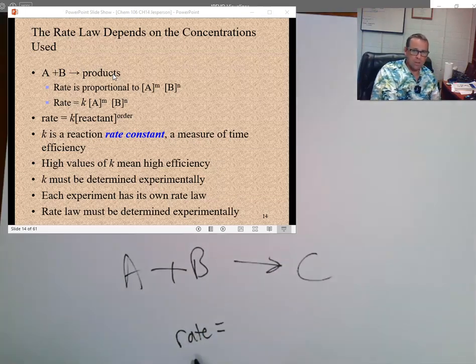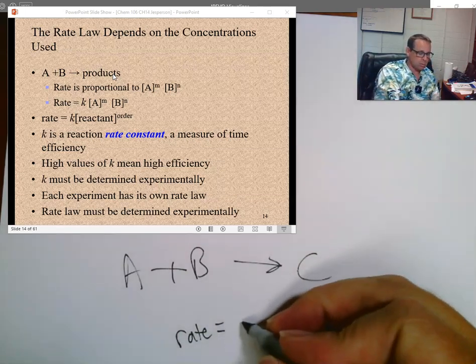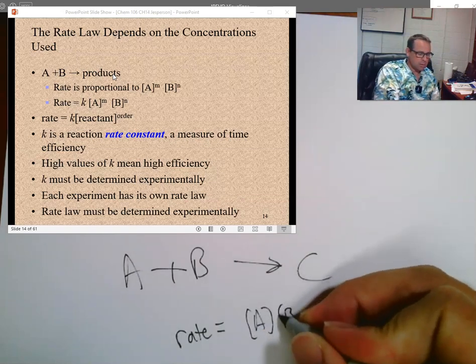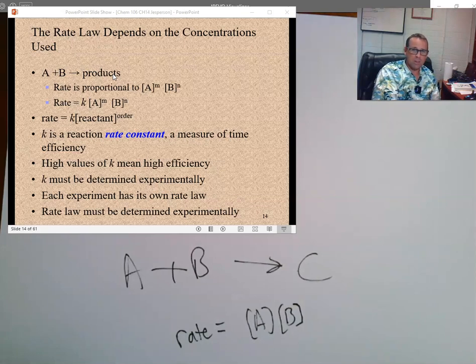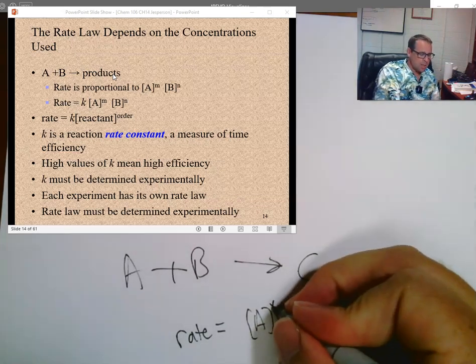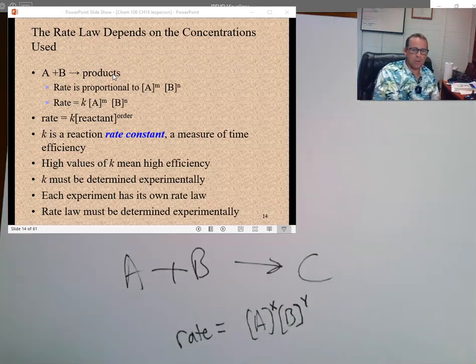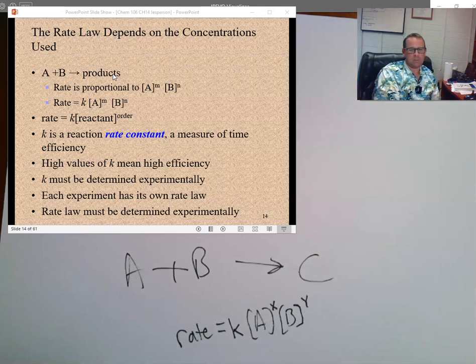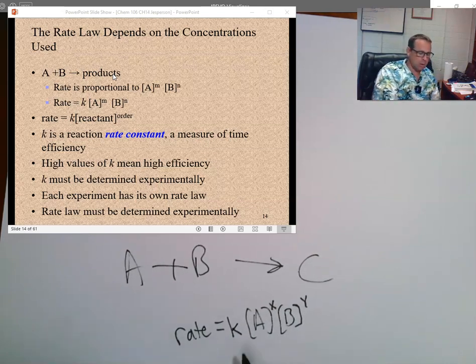The rate of the reaction, and we just write rate, meaning the rate of this reaction, will be equal to the concentration of A times the concentration of B raised to some parameters, right? We'll talk about those in a bit, times some constant, which we call a rate constant.